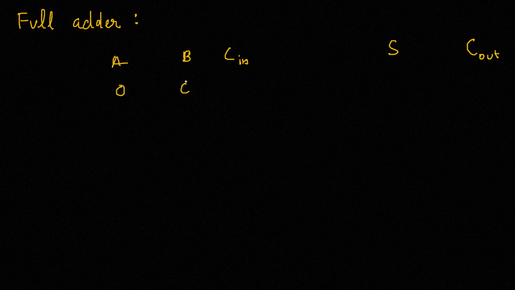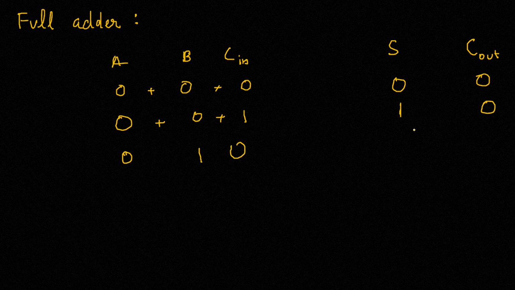Again, if we have all three inputs as 0, the sum of all of them gives us 0 in the sum and 0 in the carry. Now if one of them becomes 1, we have 1 in the sum with no carry. And then if we have 0, 1 and 0, this again gives us 1 in the sum with no carry.